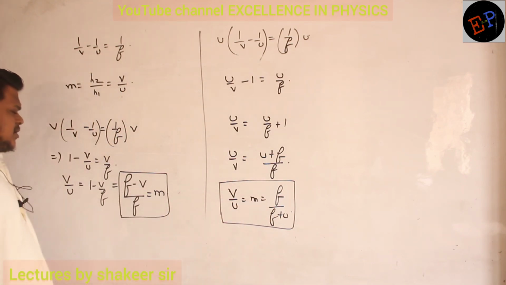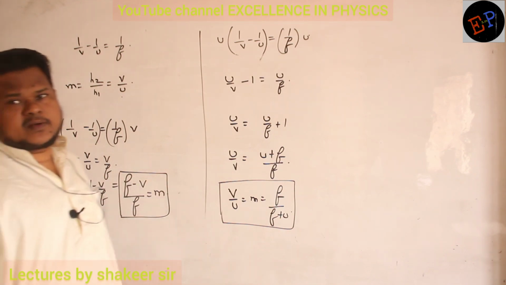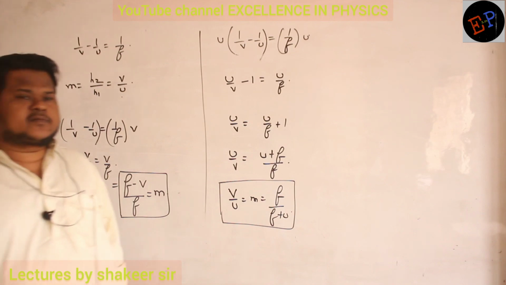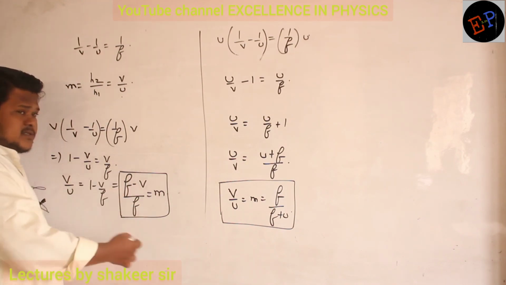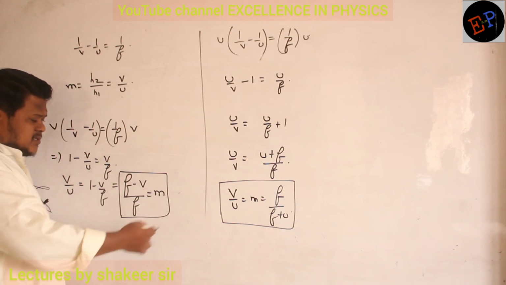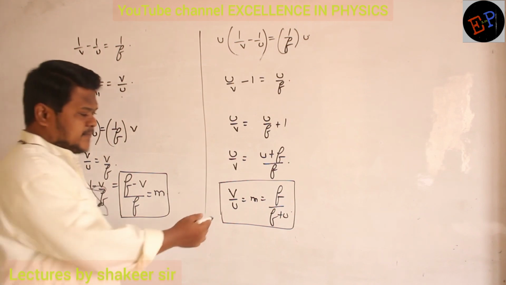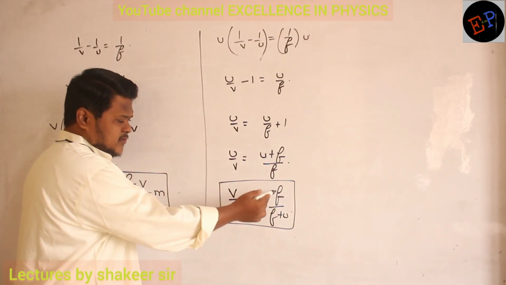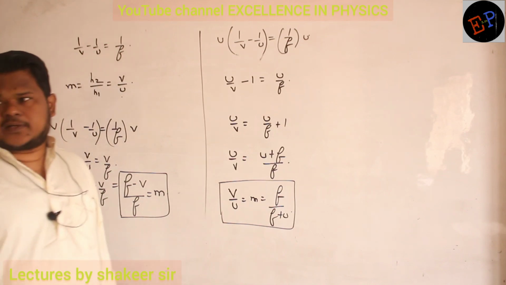Now can you say what is the difference between these equations and the magnification formulas for mirrors? For mirrors, what are the formulas we got for magnification? Here is there any change? The same equation for mirror also, F minus V divided by F. But for mirror we get F by F minus U, but here we are getting plus. That is the only difference.